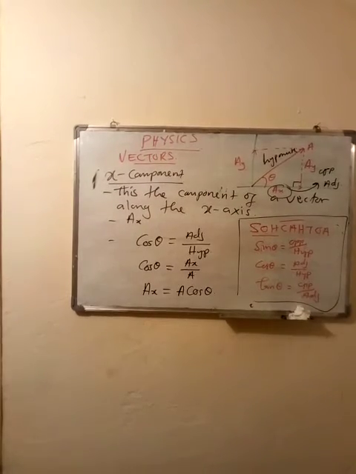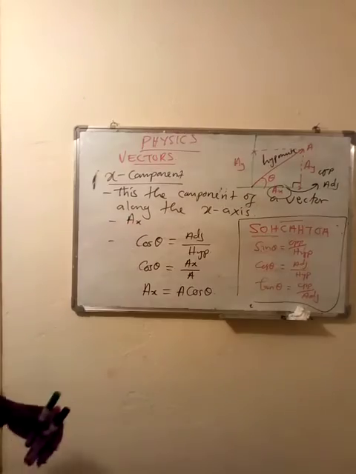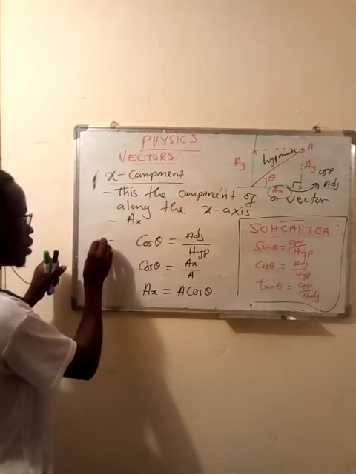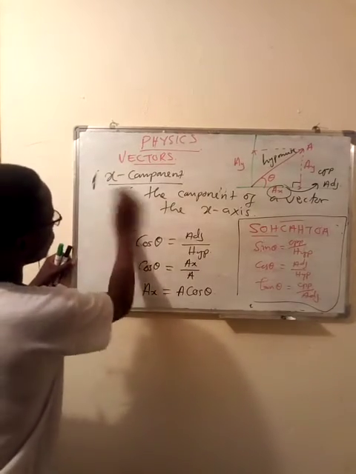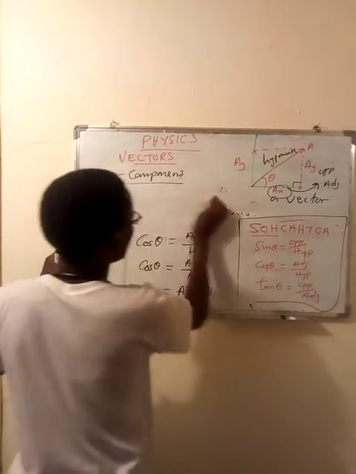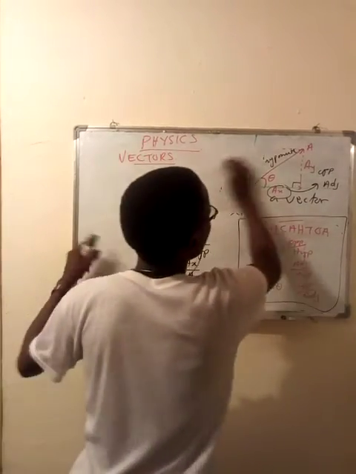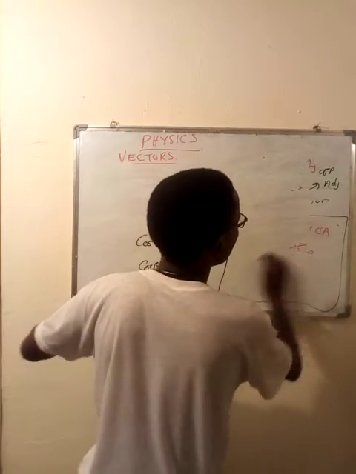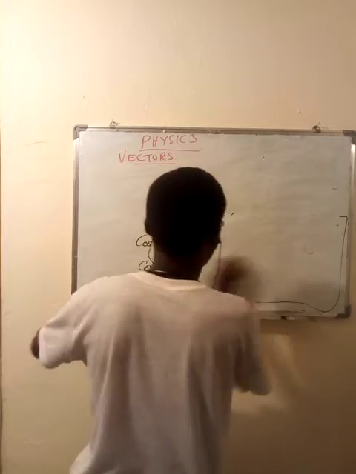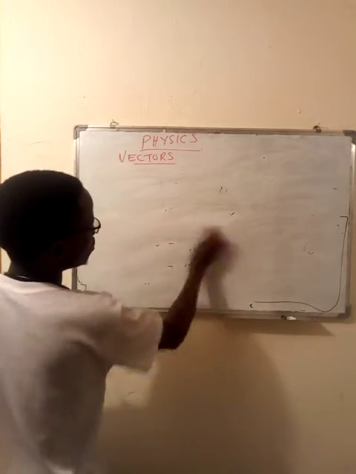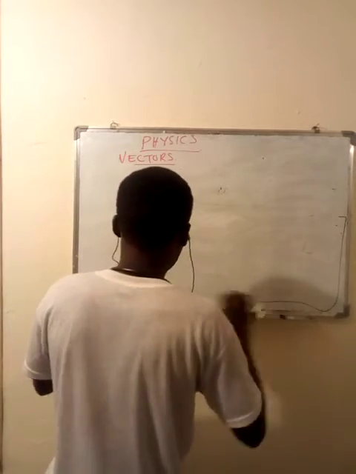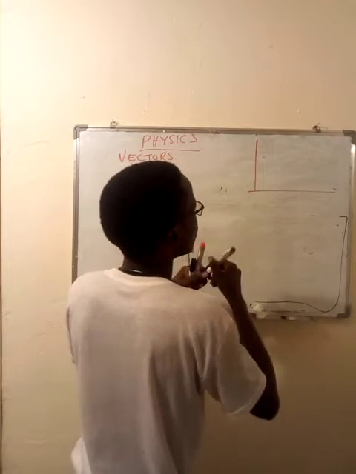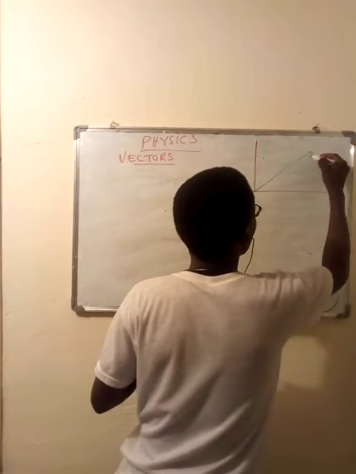Okay, so let's continue. Let's look at the y component of this vector. So remember our diagram. Our diagram was something like that. I shouldn't have erased it probably.